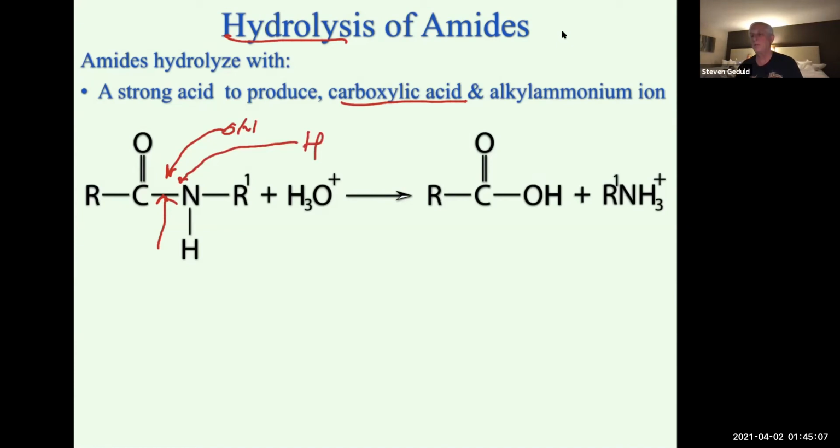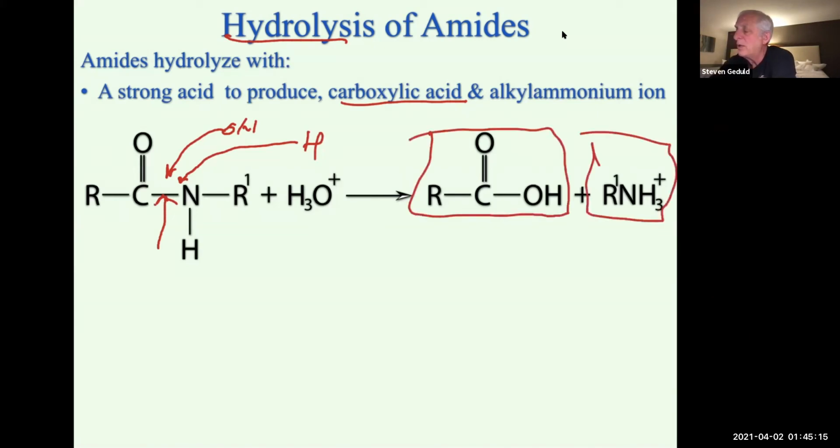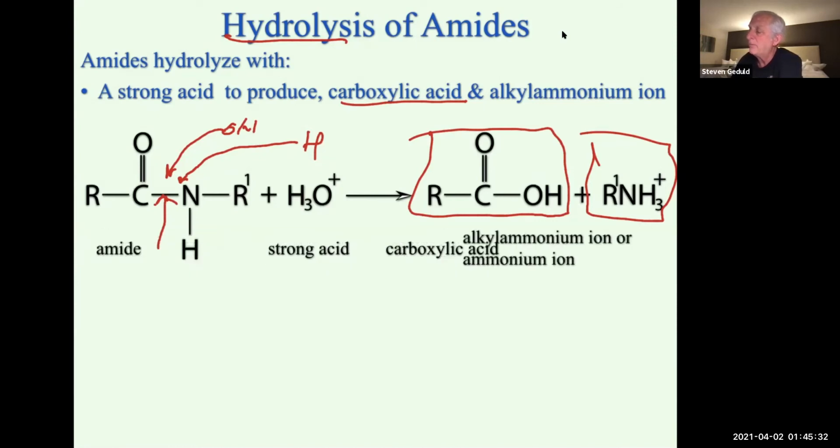We're adding water to it. That's what we're doing. So we break the amide bond, and we have our carboxylic acid, and we have our amine. Right? Adding water, H and OH, one to each side of the bond, as that bond splits. So there's your amide, strong acid, goes to your carboxylic acid and your amine, or your alkyl ammonium ion in this case.